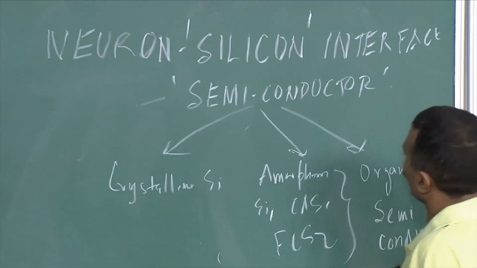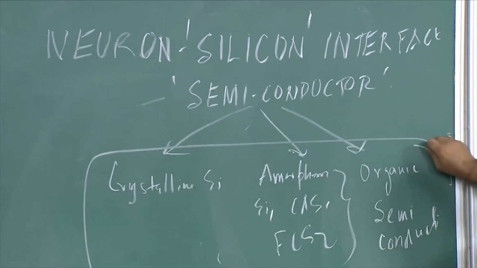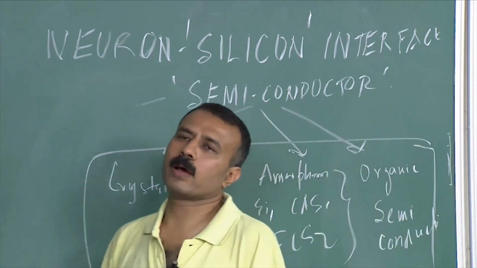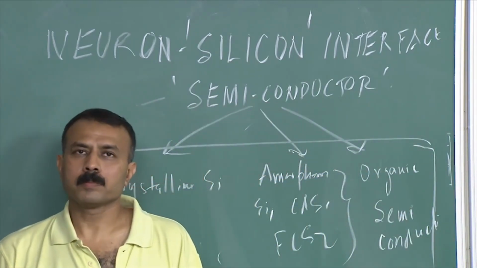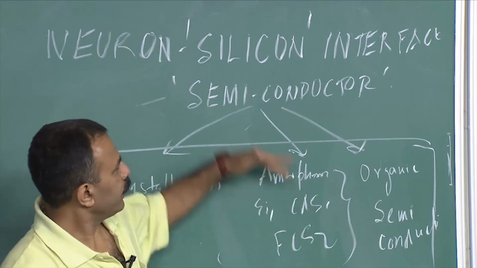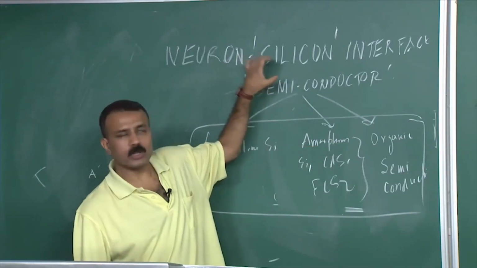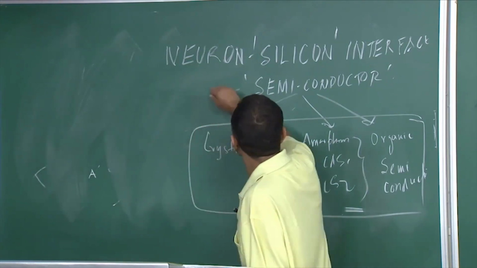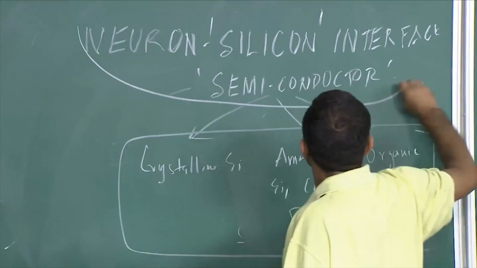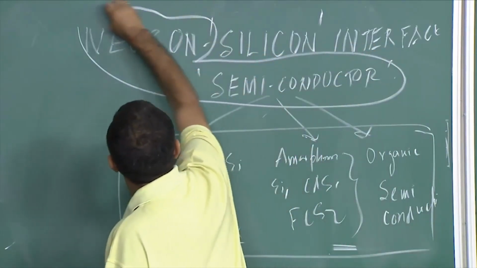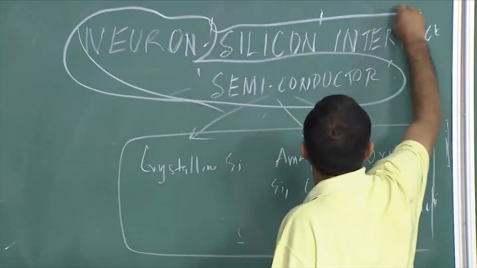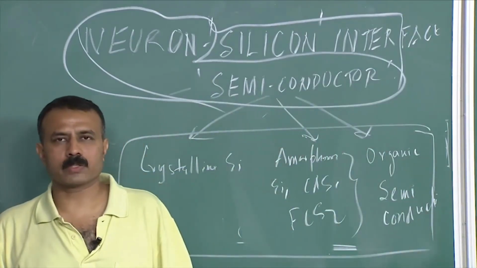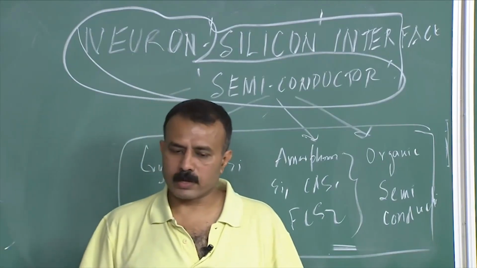So, this part can go up and up. Any of these materials which could be used to detect the neuronal signal should fall under this broad heading of neuron silicon interface, or neuron semiconductor interface. Fine. Now, coming back to the slides.